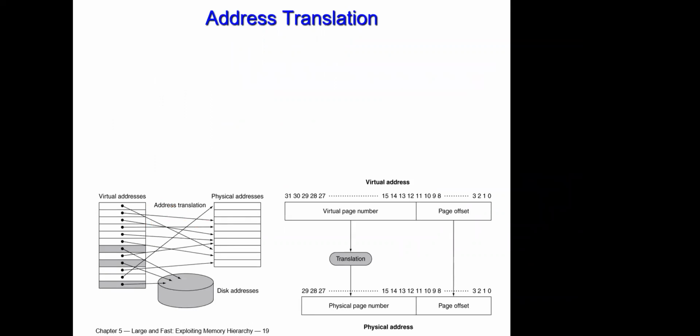As you can see from here, we will have virtual addresses, one after the other, and I will have the physical addresses. Some of the blocks or pages in these virtual addresses will refer to a particular page inside my physical memory, or they can point to data inside my disk.